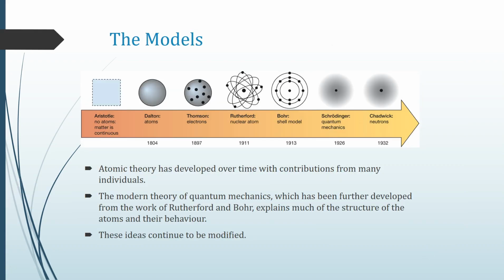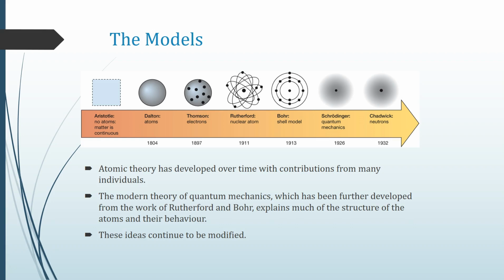We don't need to know the history of the atomic model in terms of the scientists and the dates, but you really should have an understanding of how the model has changed over time and continues to alter. This is particularly relevant when we're talking about things like TOK, where we look at the use of models to show ideas that we can't necessarily visualize directly ourselves, and how scientific information changes over time, building on these models and changing them.